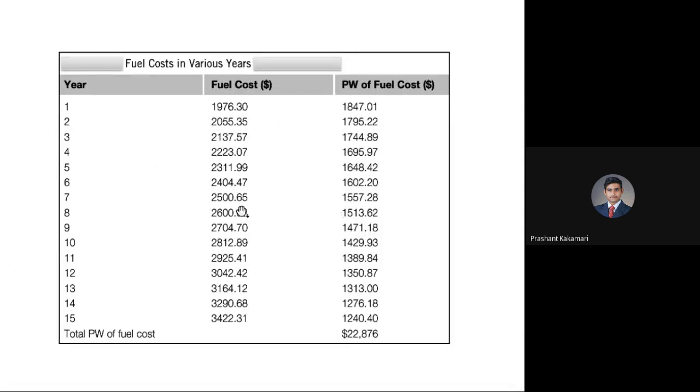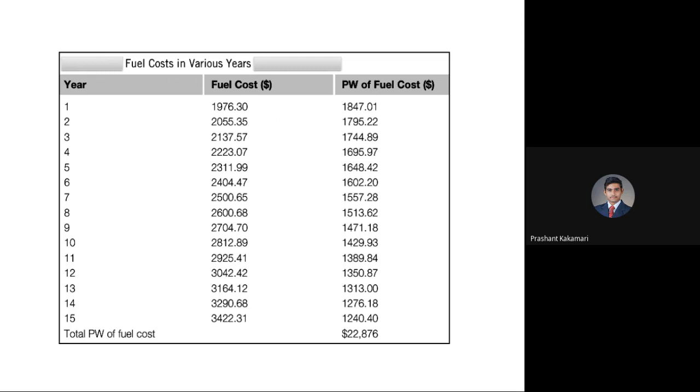So effectively, if you find out for the next year, that is coming around 2055.35. You can use a calculator and you can check what is the fuel cost with the same rate of inflation for the next year.